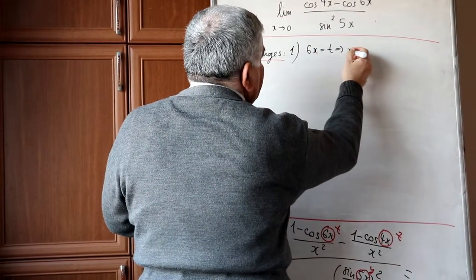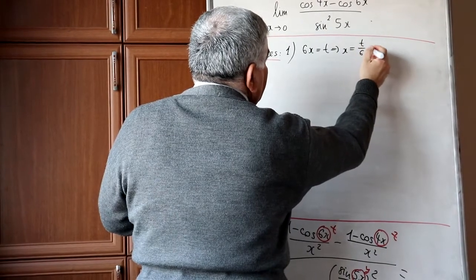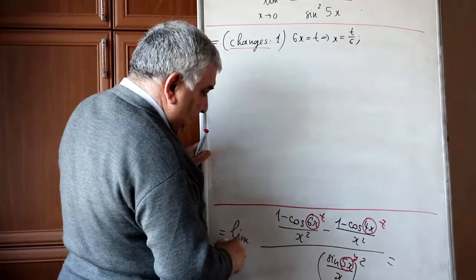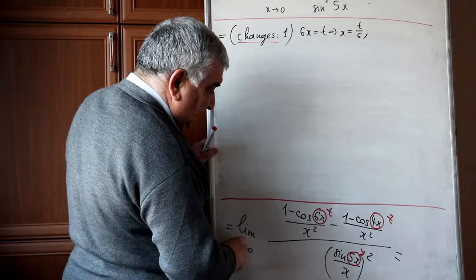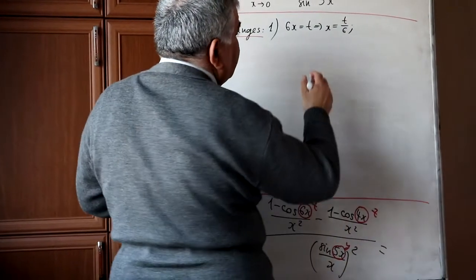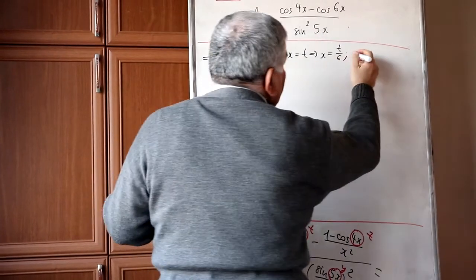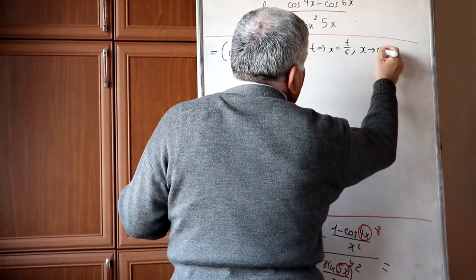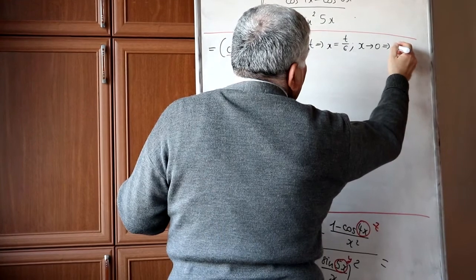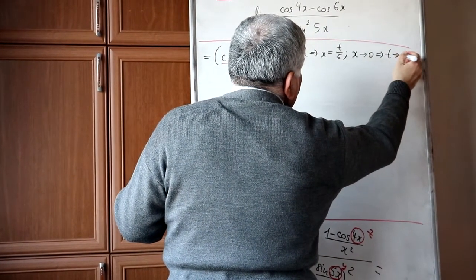Then x is t over 6. If x tends to 0, then t also tends to 0, because 6 multiplied by 0 is 0.